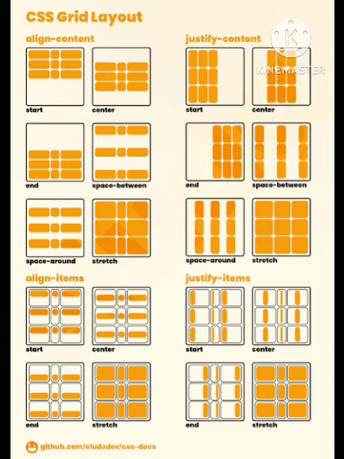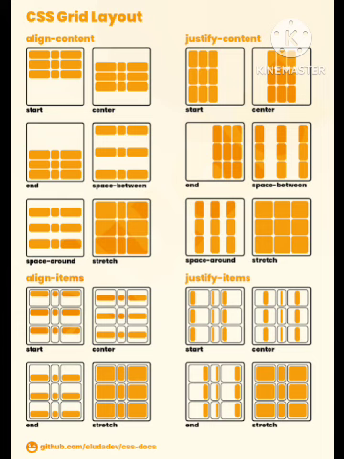What place items center means is placing the item center both vertically and horizontally, using a single property. But what I will say is, don't confuse yourself using such a property. Directly use justify items center and align items center.